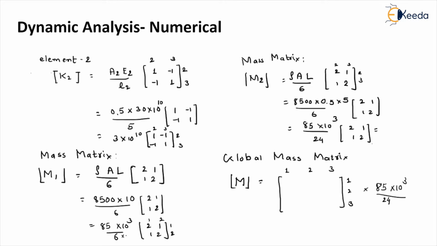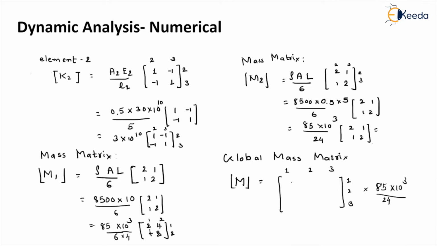So here I am multiplying it by 4, and in the matrix I am also multiplying, so it will become 8 4 4 8. So now we can take 85 into 10 raised to 3 divided by 24 common.